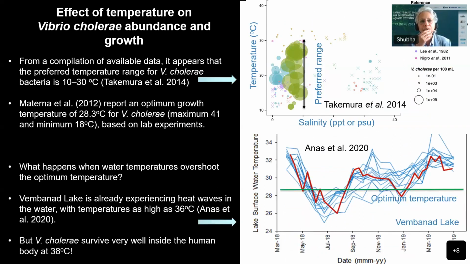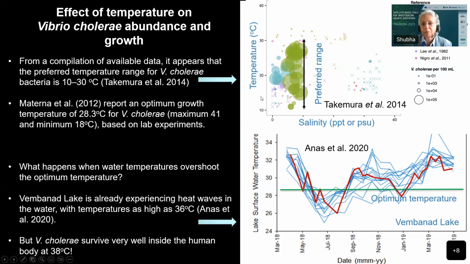So we also looked at what others have said about Vibrio cholerae in the natural environment as a function of temperature and salinity. This is a compilation from Takemura and colleagues, and they reported that Vibrio had a preferred range between 10 and about 28 degrees for high numbers of Vibrio to be present.